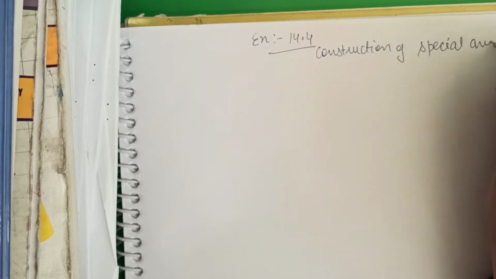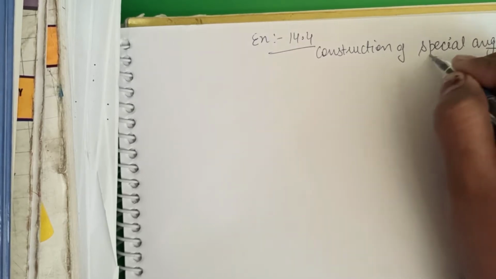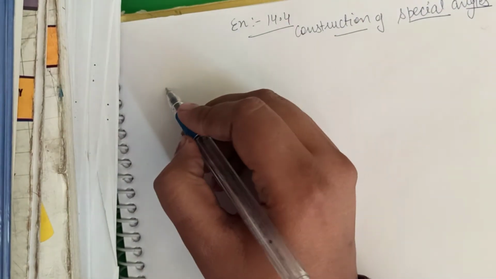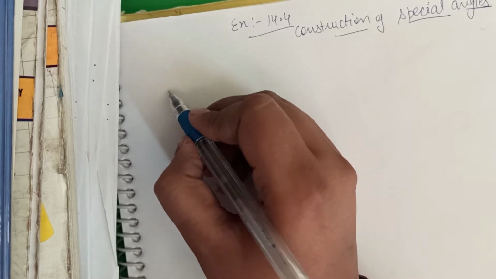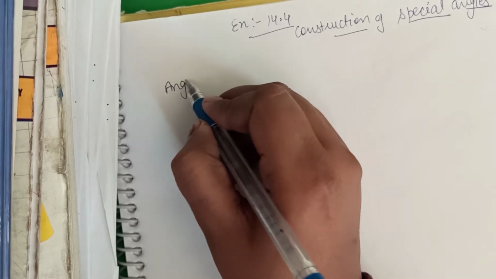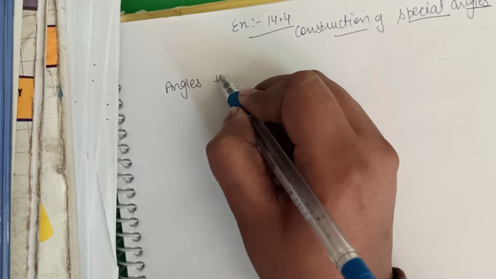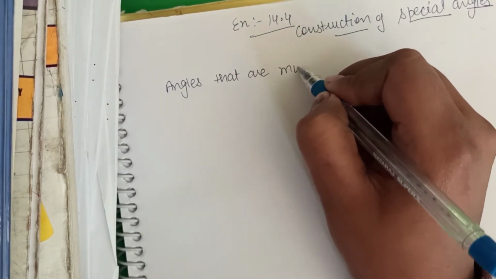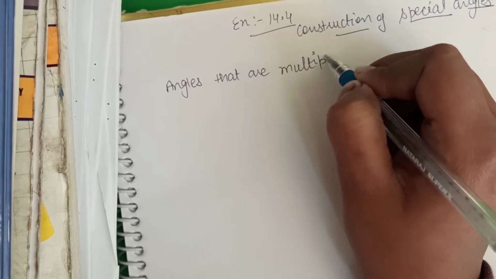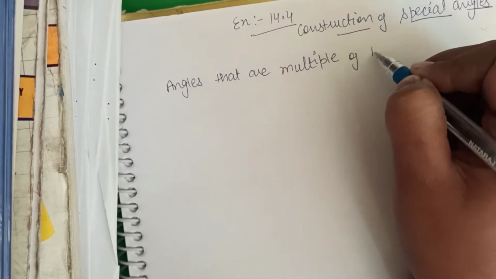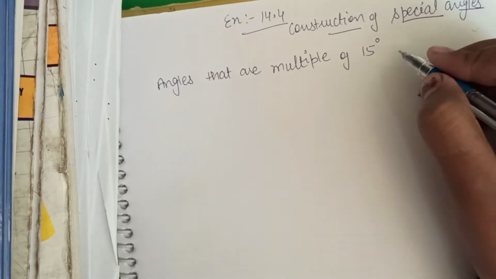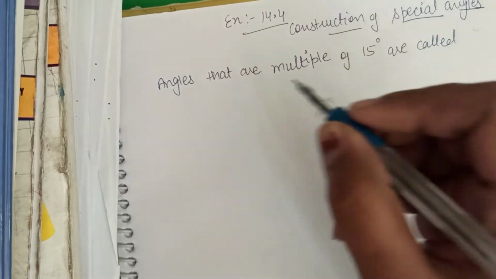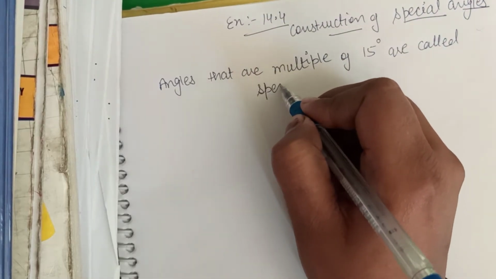Spatial angles are the angles which are multiples of 15 degree.